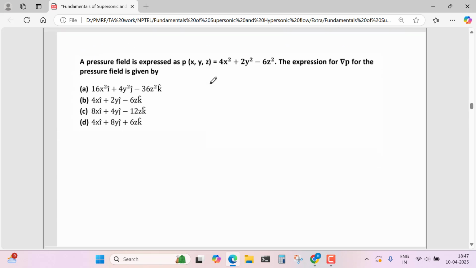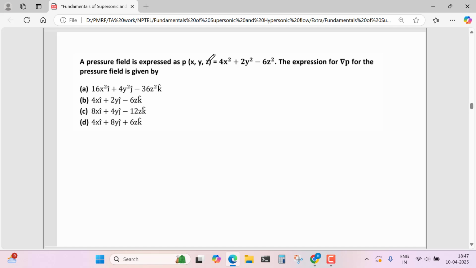Now we'll see the next problem. A pressure field is expressed as P(x, y, z) equal to 4x square plus 2y square minus 6z square. The expression for del P for the pressure field is given by: Option A: 16x square i cap plus 4y square j cap minus 36z square k cap.